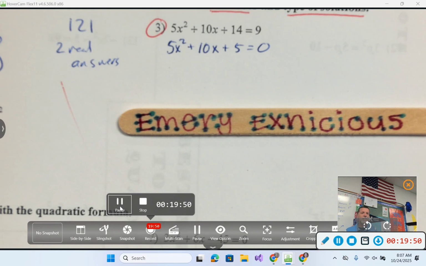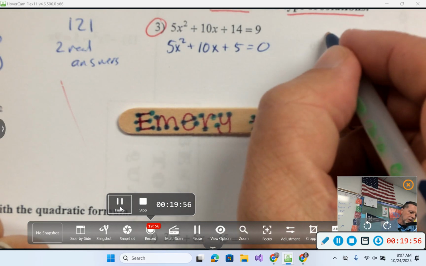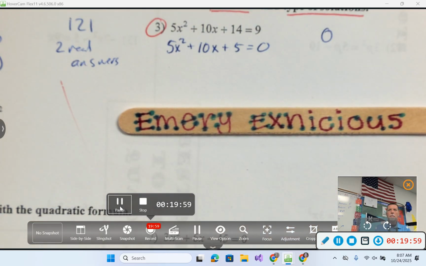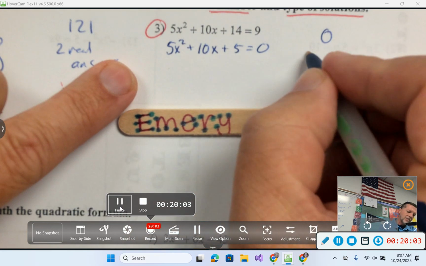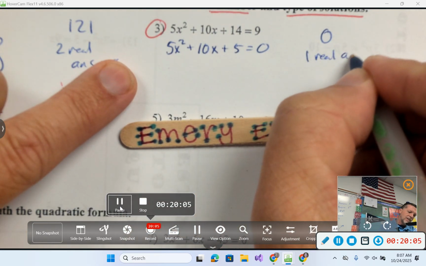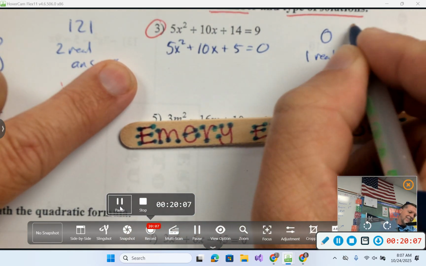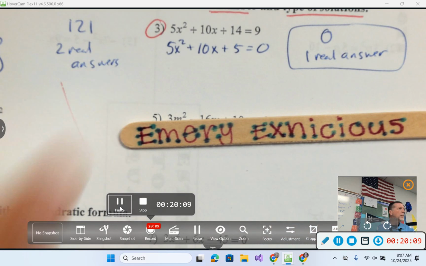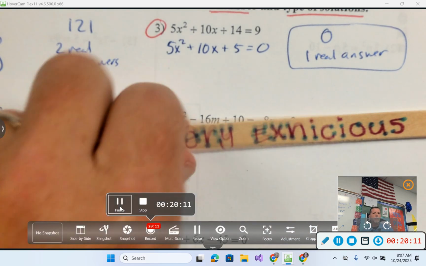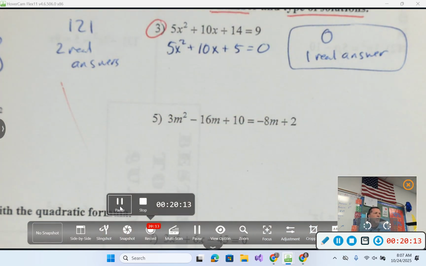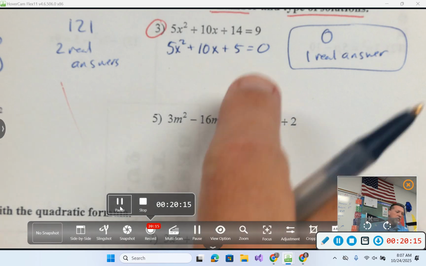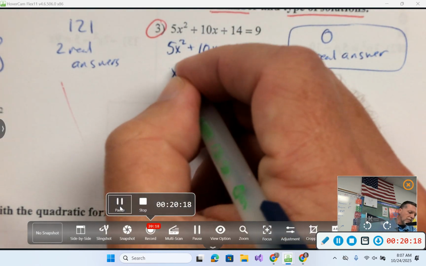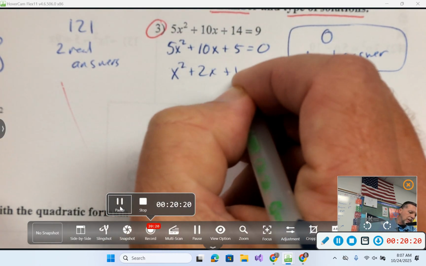If you don't recognize it and you just plug in b squared minus 4ac, which is what Emery did, what'd you get? The discriminant is 0. So one real answer. Well, since it's an equation, you can divide through by 5 and just be done with it.